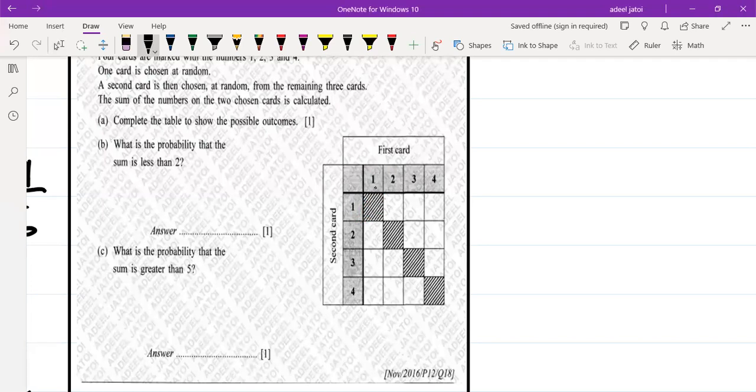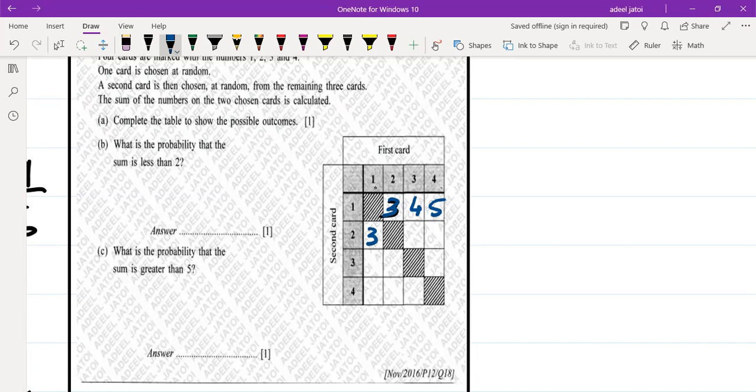If your first card is 2 and your second card is 1, we need to sum, so this should be 3. Similarly, if the first card is 3 and the second card is 1, this should be 4. This 4, 1 should be 5. Similarly, 1, 2 will be 3.